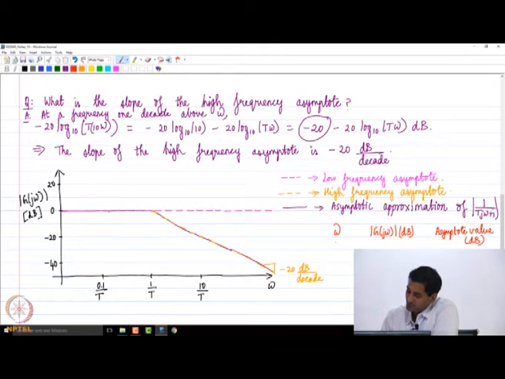So what I want you to do is please calculate at 1 by T, and 2 by T, and 0.5 by T, okay. So please calculate these three values and let me know, okay. So can you do that please?